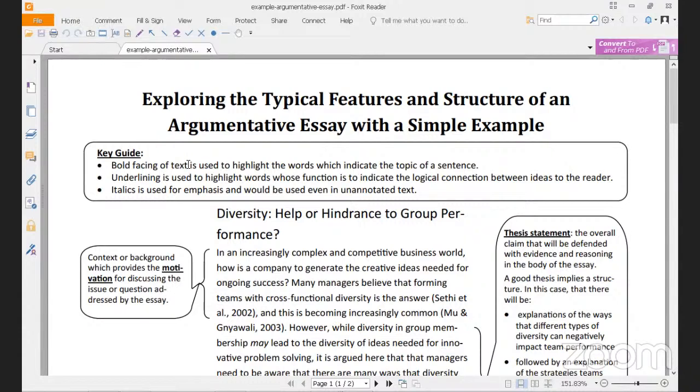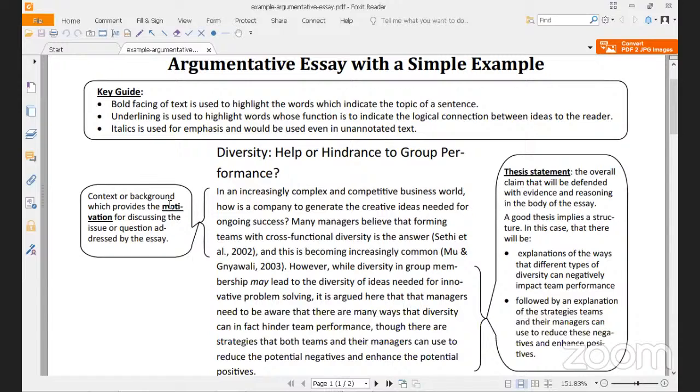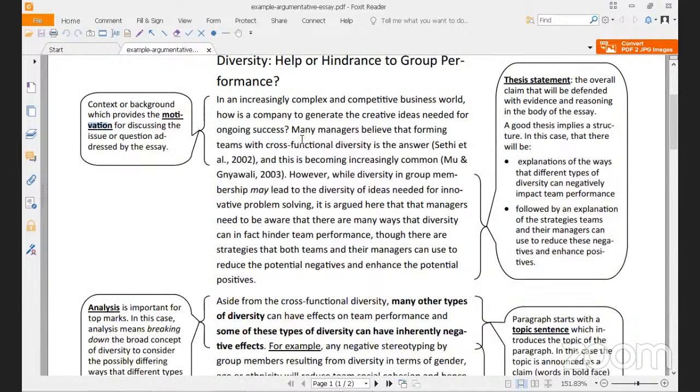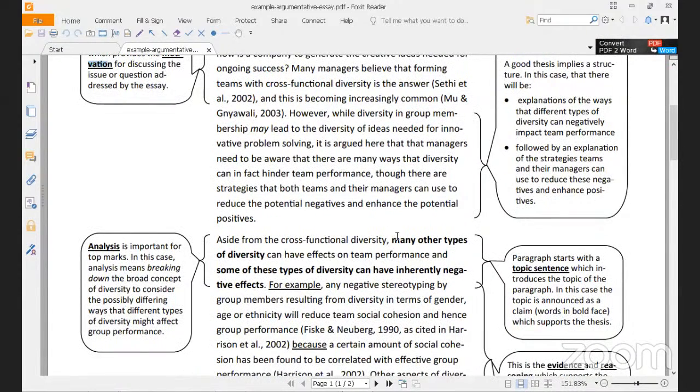Bold facing of text is used to highlight the words which indicate the topic of a sentence. Okay, in this case, we have here some bold. But this is in the explanation, not inside the text. However, we have some bold also as well.